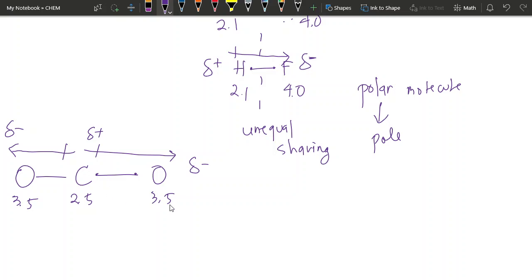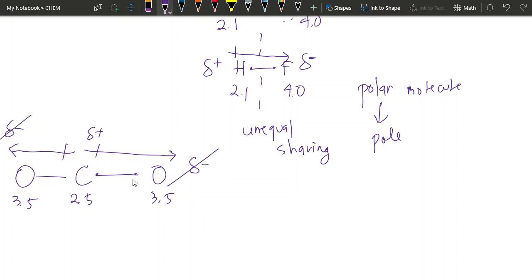So in this case, we have two bonds and they have opposite direction. So this side is partially negative and this side is also partially negative. So overall here, because both sides have the same charge, obviously, it will actually cancel the charge.